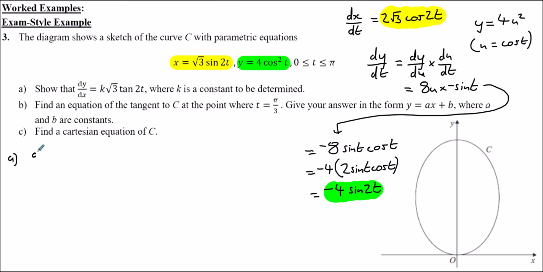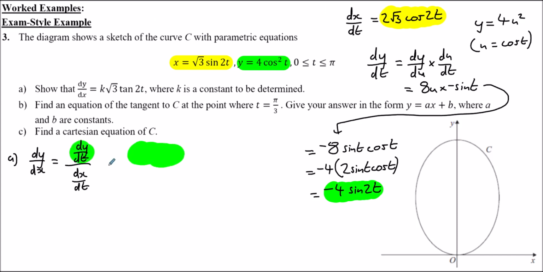So for part A, dy by dx is dy by dt divided by dx by dt. So dy by dt, worked out from before, is minus 4 sine 2t.